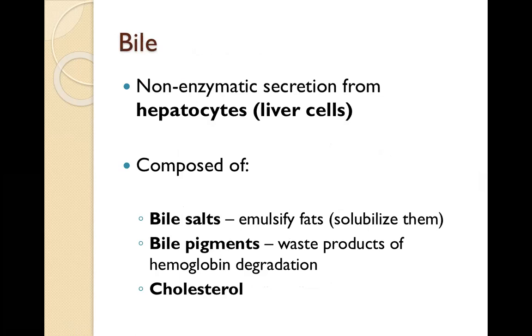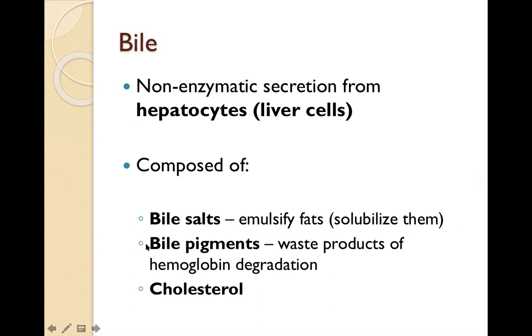The next type of secretion that you get in the gastrointestinal tract is bile. We're going to talk about bile when we talk about breakdown of fats. Bile is comprised of a few things. It is a substance that is known to emulsify fats. It helps them become a little bit more soluble, and it's comprised of something called a bile salt. That's really the emulsification factor within bile.